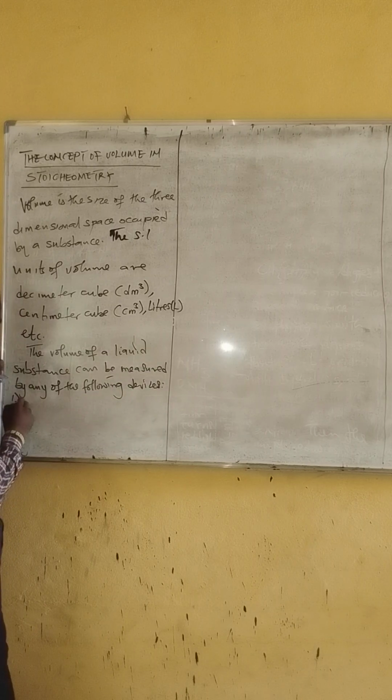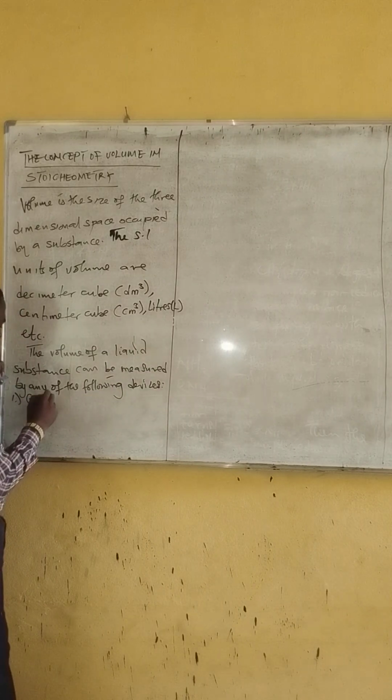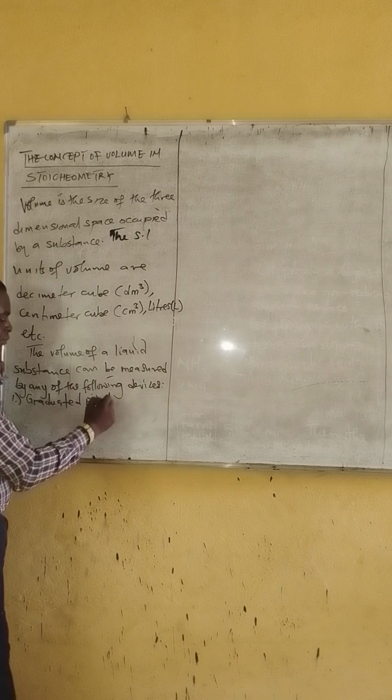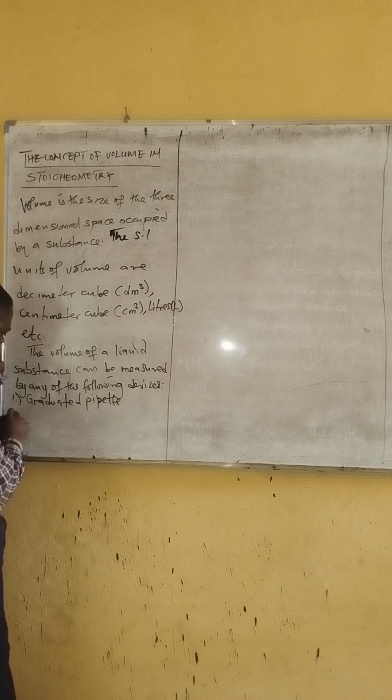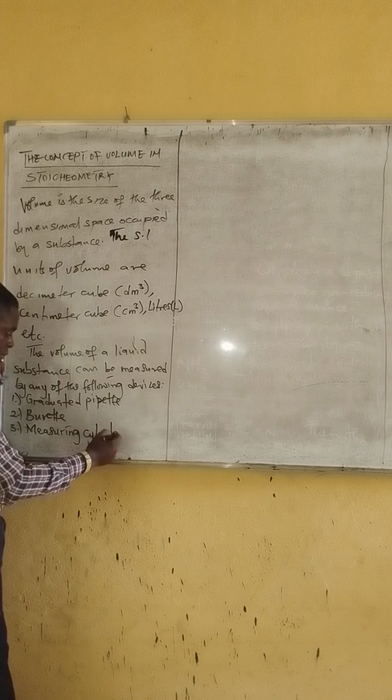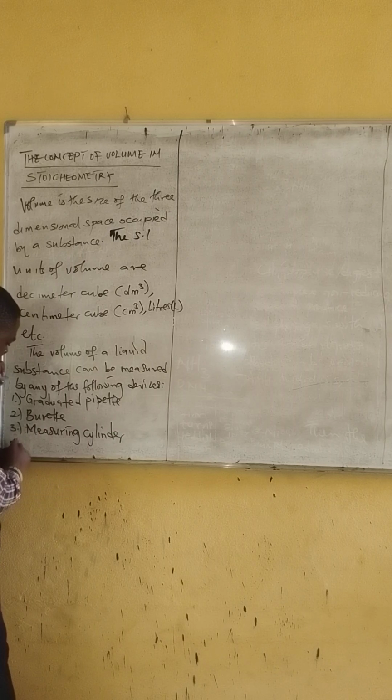Number one, we have graduated pipette. We have burettes. We have measuring cylinder. We have volumetric flask.